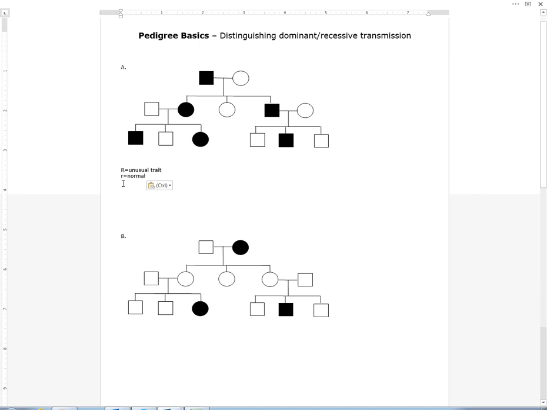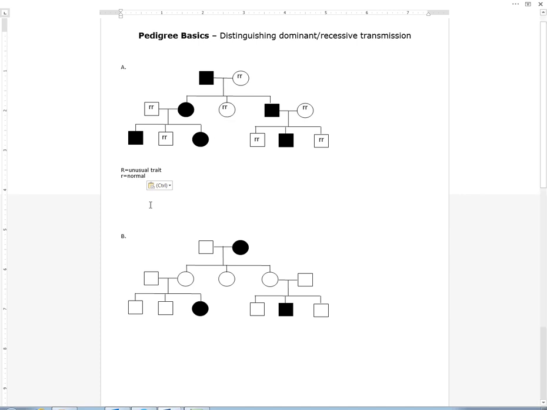Then you can go in with each individual and assign a genotype. If little r is normal, then the genotype of completely normal individuals would have to be little r, little r. So you can assign little r, little r as the genotype for all the unshaded individuals in the pedigree.